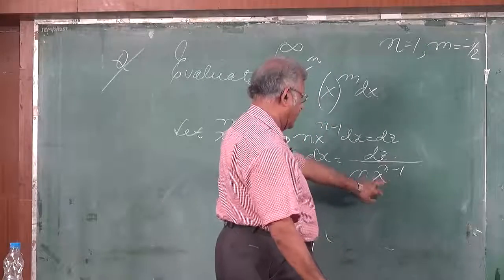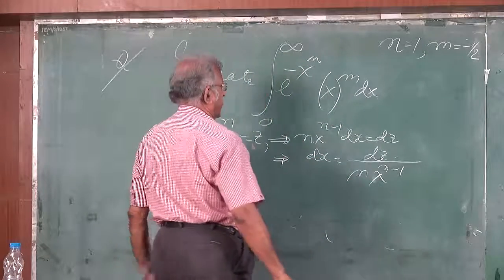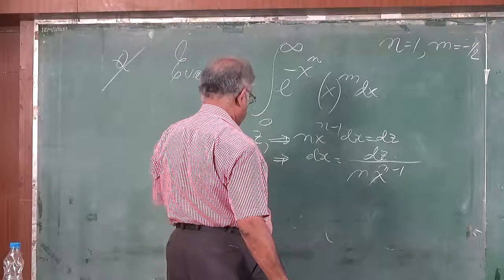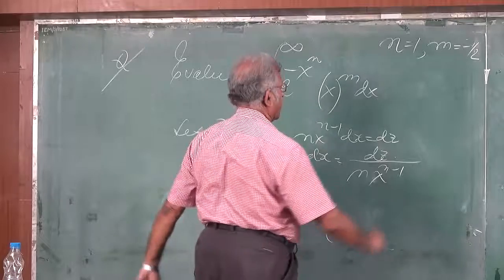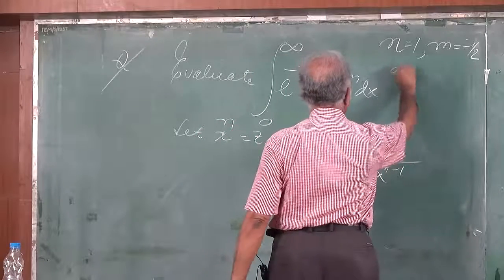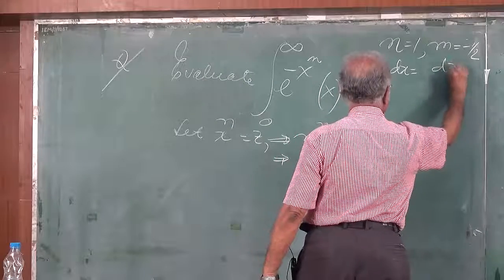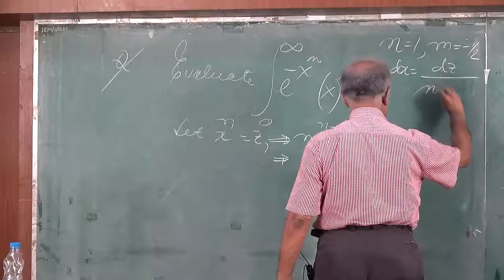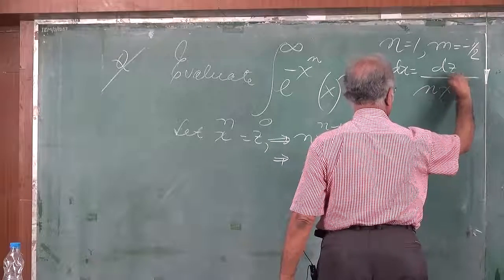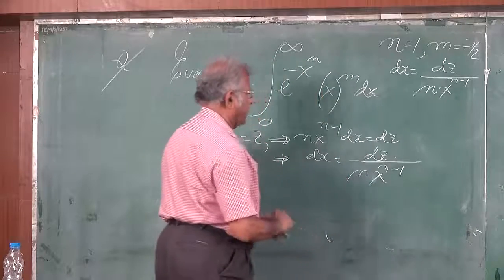Now, we have to convert this to terms of z. We will do that very shortly. So, dx is equal to dz over n x to the power of n minus 1. We capture this here. We convert it to z and then write it down there.